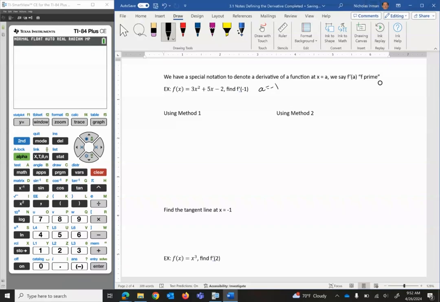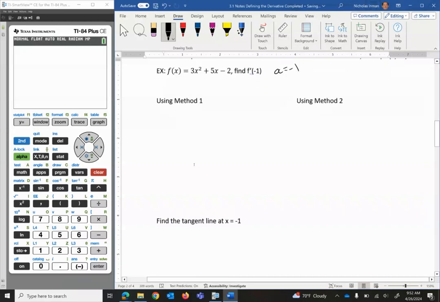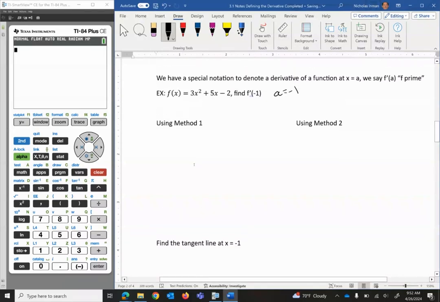All right, we have two methods. And in general, the two methods produce the same answer, just in slightly different ways. So I'm going to show you both methods. You kind of will have to go back and forth between the two. They both have pros and cons, and we work with both depending on what the problem is.